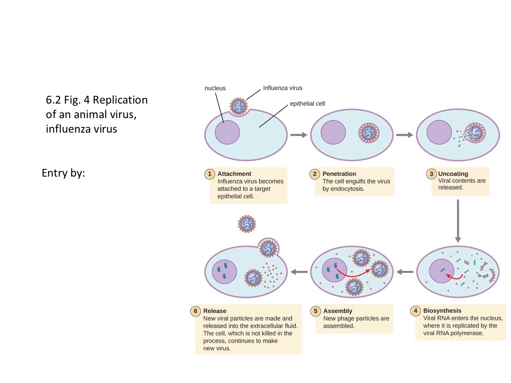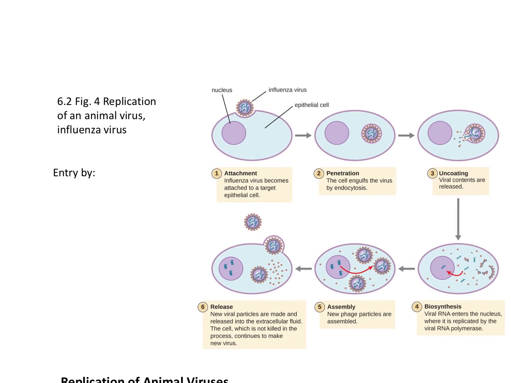Okay, so here, they drew out a replication of an animal virus. For some reason, they picked influenza virus, which has some exceptions to it that I'll point out. But if we think about the mechanisms of entry, one of those is illustrated here.